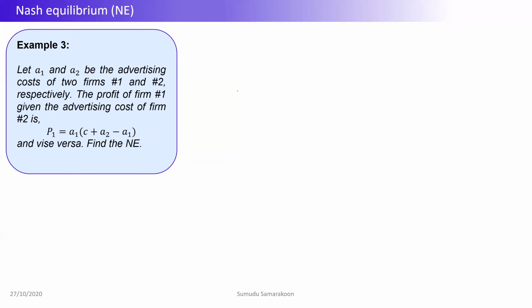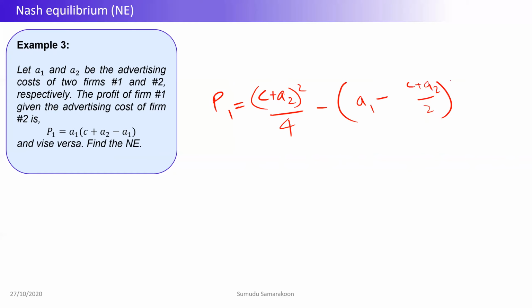We know the profit of firm 1, we ended up with an equation, as I can remember, it was (C plus A2) square divided by 4 minus (A1 minus (C plus A2) divided by 2) square. Right, yeah, this is the profit.